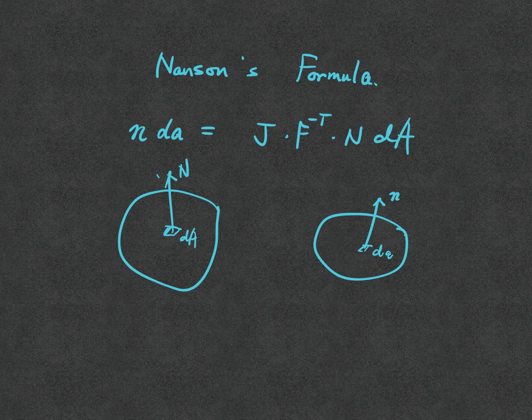Now, spoiler alert, because I have all the points x here, in the neighborhood there are all the x plus delta x neighbors. I need the neighbors to give me the normal vector, right? Do you know why? In order for the normal to exist, the tangents need to exist, right?